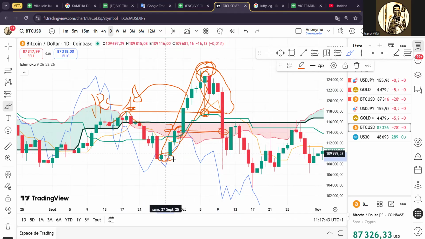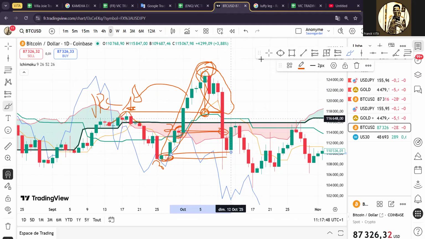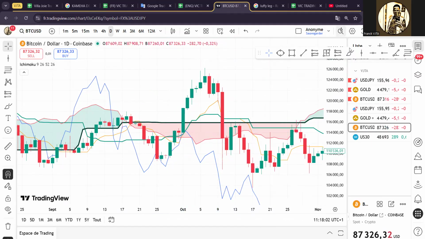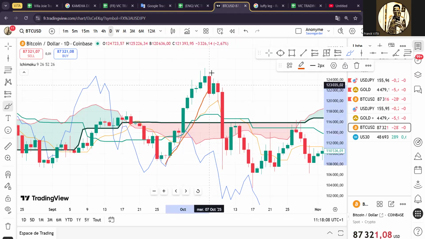And the third one will be the bottom of the Luffy leg, just at the bottom here. So you see that on daily, you already know what will happen, the places where you will go and see till the ending point of the reversal of the market.